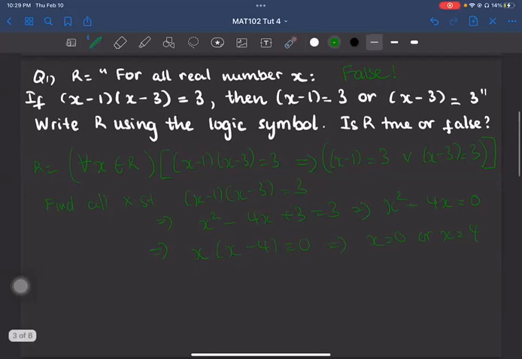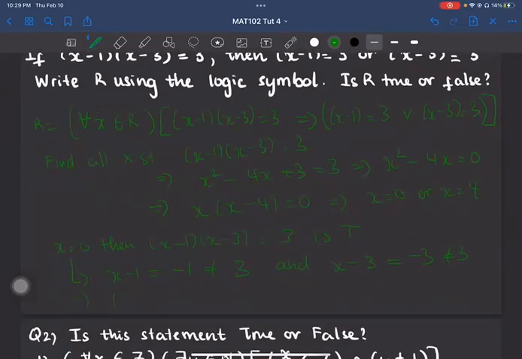So we will try with x equals 0. Then x minus 1 times x minus 3 equal to 3 is true. When x equals 0, x minus 1 equals negative 1, which is different from 3, and x minus 3 equals negative 3, which is different from 3. So x minus 1 equal to 3 or x minus 3 equal to 3 is false.